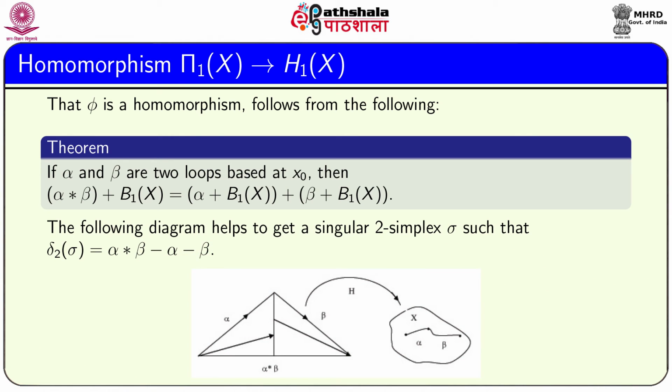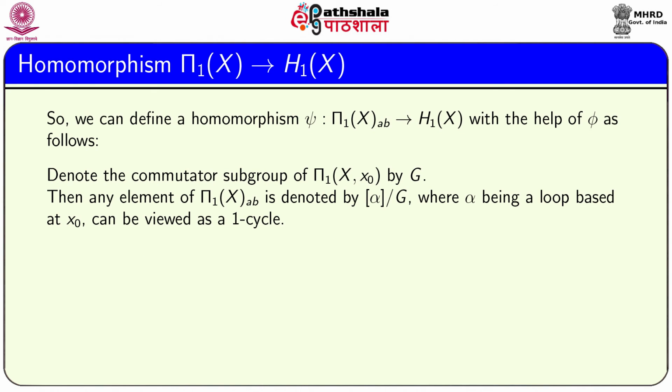This diagram helps us determining a singular 2 simplex sigma such that delta 2 of sigma is equal to alpha star beta minus alpha minus beta. So, we can define a homomorphism psi from the Abelianization of π1(X) to H1(X) with the help of the given homomorphism phi.